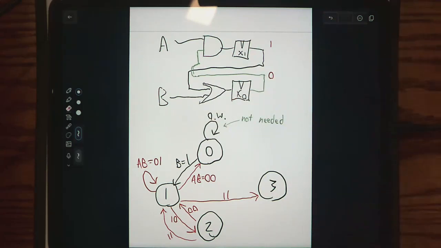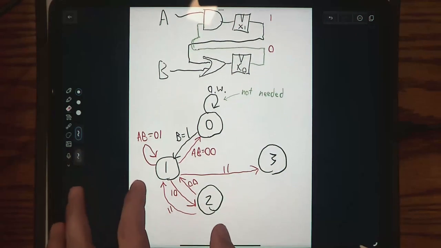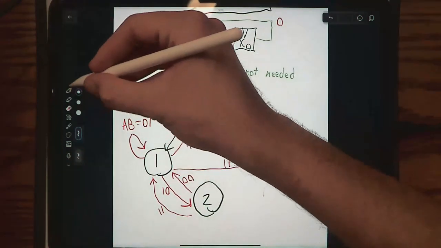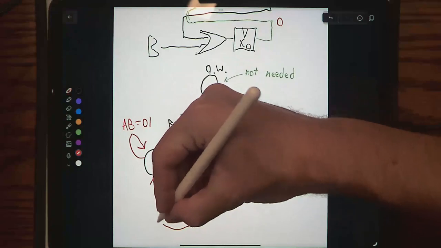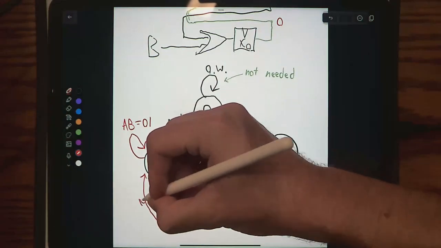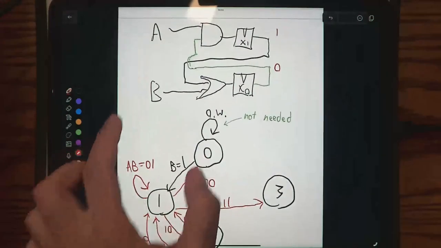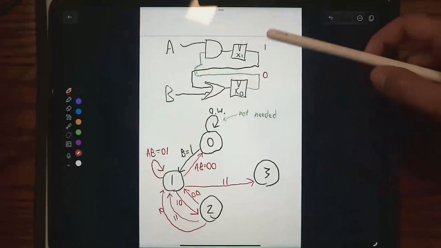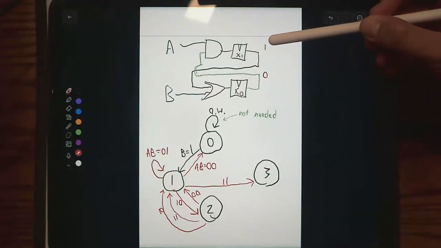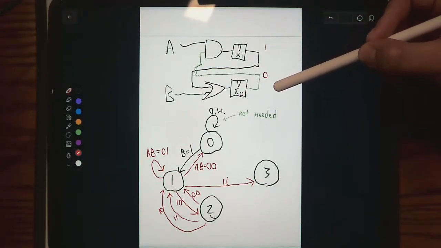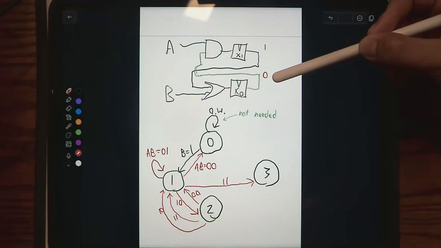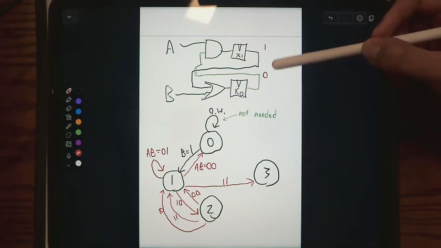So it looks like in that case, when we have 1, 0, it will also go back to 1. Okay. Then finally for 1, 1, what will the output be? What was that? 1, 1.